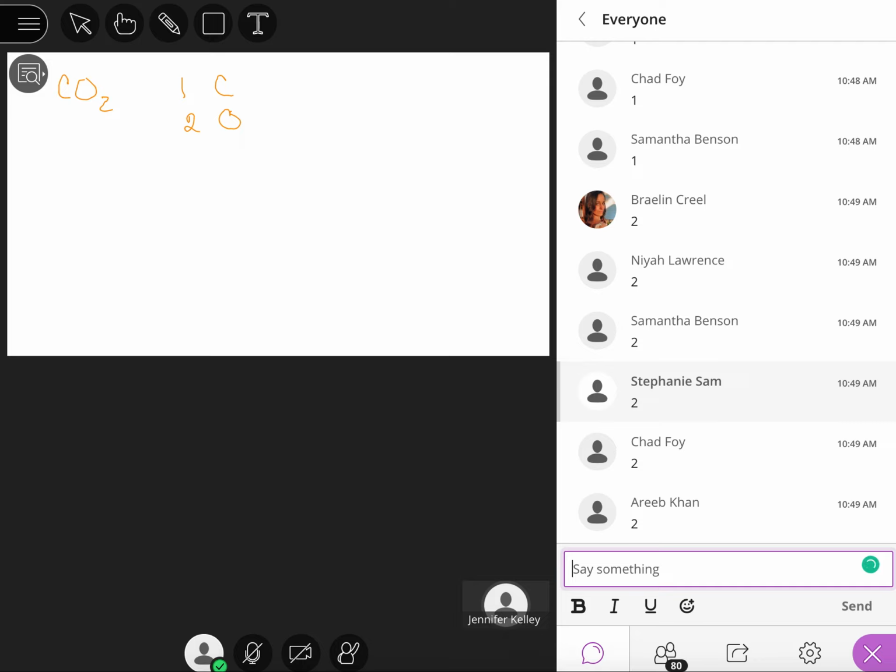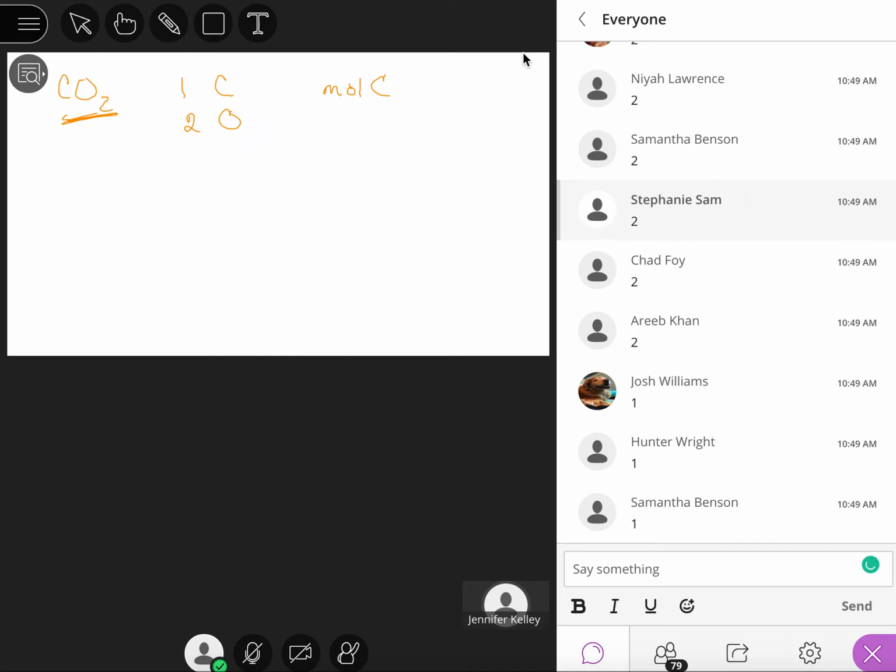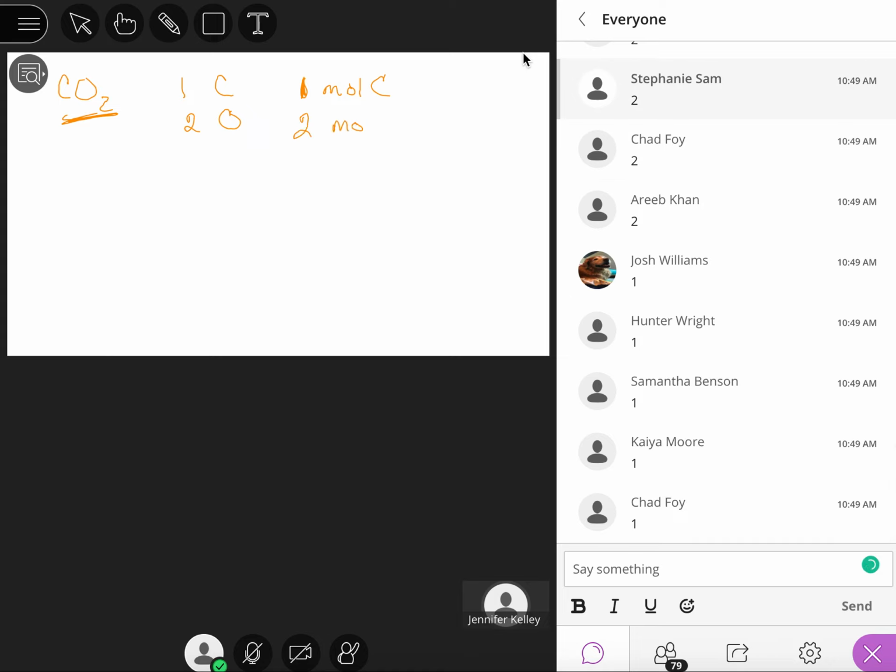Correct. So if I had a mole of these molecules, then that would tell me that I have 1 mole of carbon in this molecule, and then I would have 2 moles of oxygen.